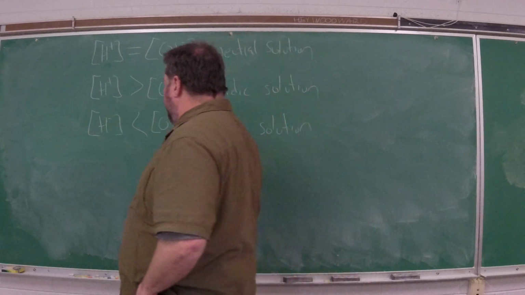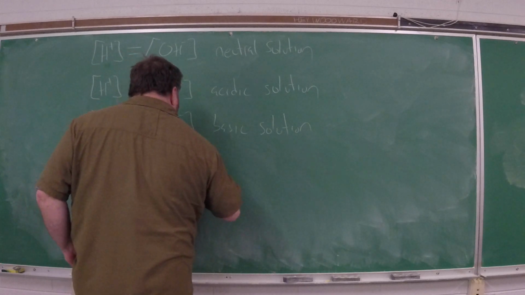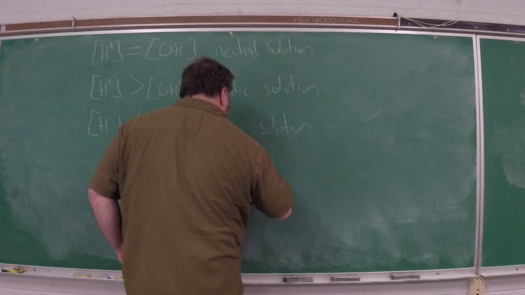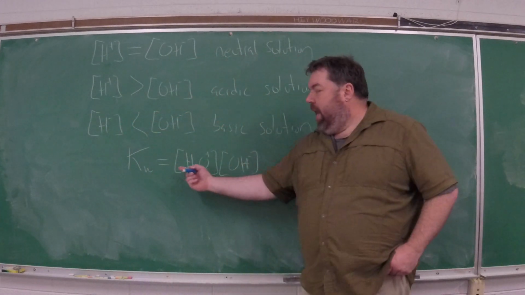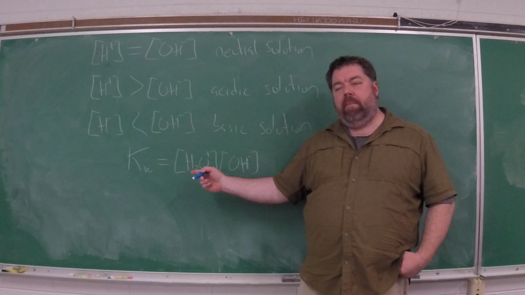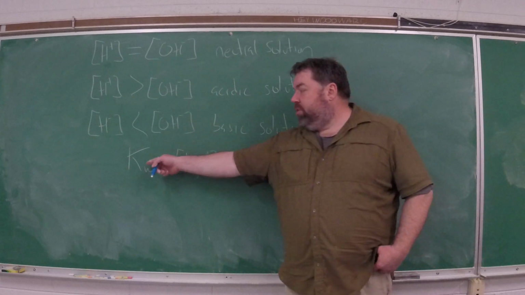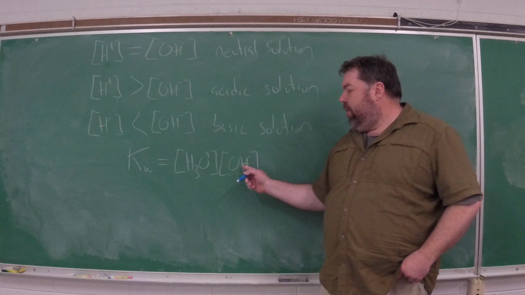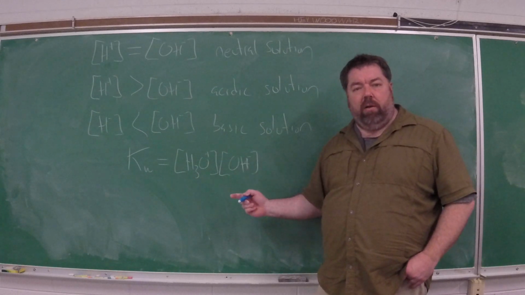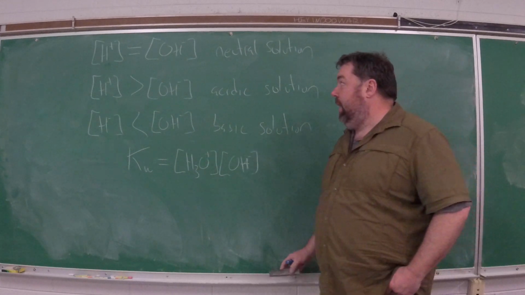Now when I had KW, KW is always going to apply. So if I have an acidic solution, the H3O concentration is greater than OH, we can use the value for KW, we can use the value that we have for the acid to get the hydroxide, or vice versa. Okay? I'll show you how this works in example 16.5 actually.